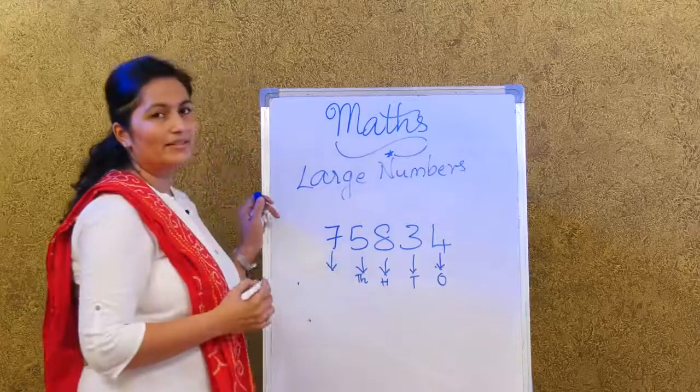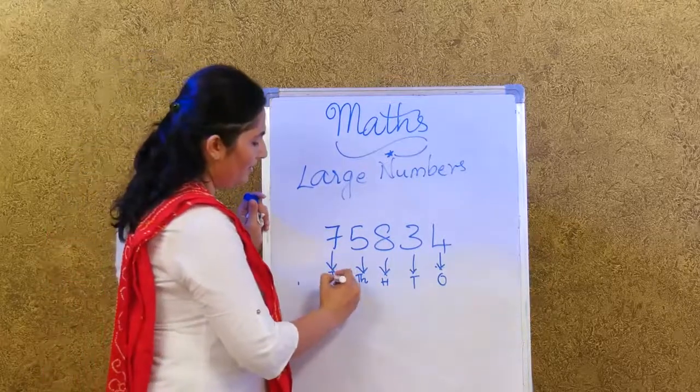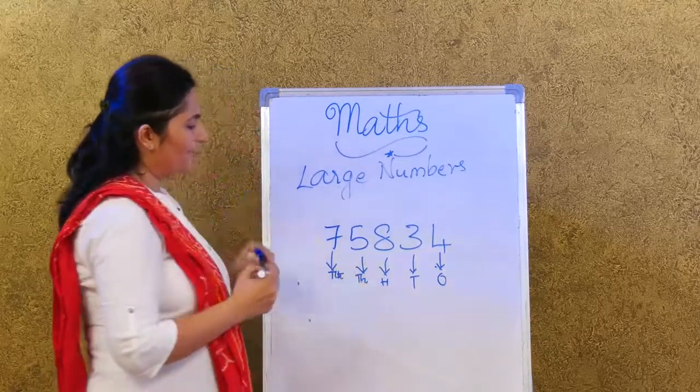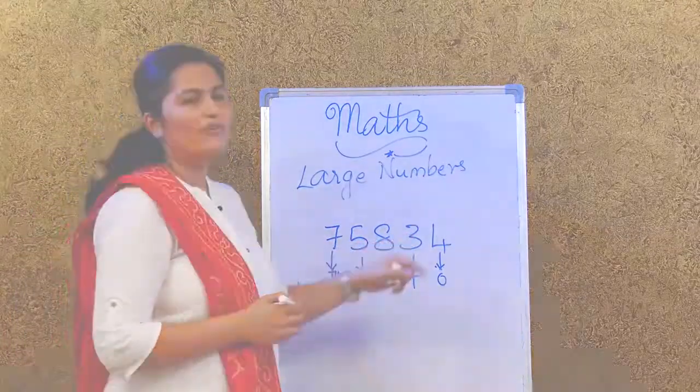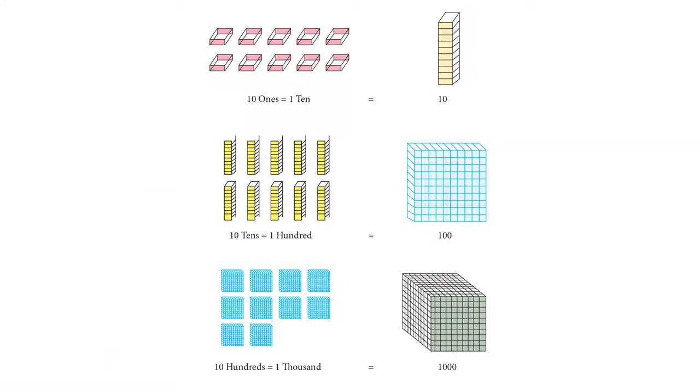Wow, we have already reached 10,000s. That is 5 digits: 1, 2, 3, 4, 5. Alright, now let's see page number 51.